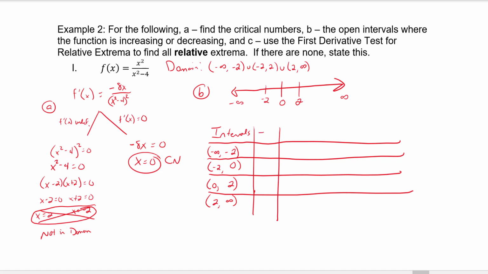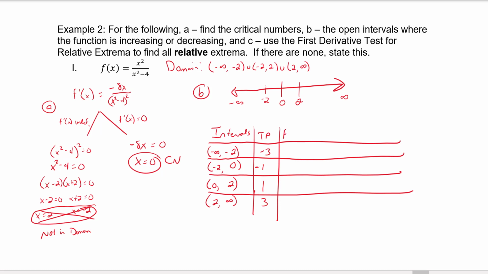Next, we need to pick a test point in each of these intervals. For negative infinity to negative 2, let's pick negative 3. For negative 2 to 0, let's pick negative 1 because that's a nice easy number. Similarly, we're going to pick 1 and then 3. Remember, you can pick any values you want for these.